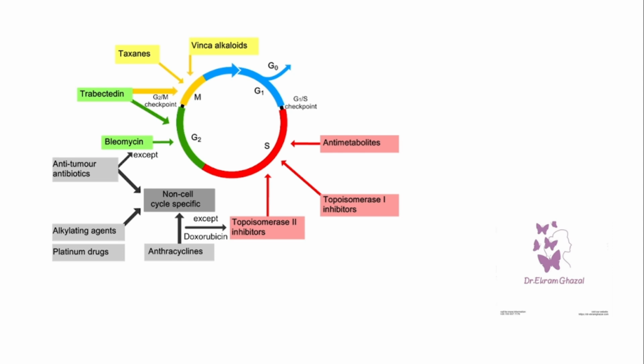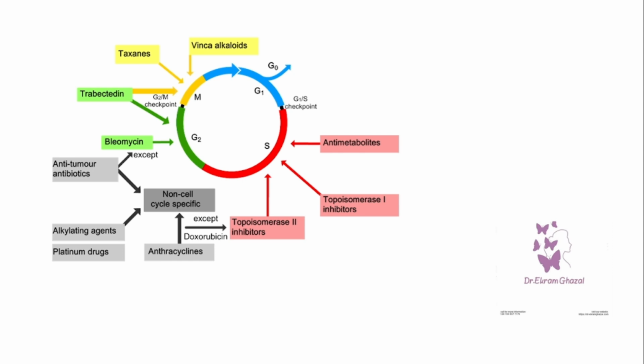Anyway, we will first memorize the non-cell cycle specific drugs. The most important are the alkylating agents, which contain the platinum drugs. The idea is that they cross-link the DNA, which paralyzes it so it cannot replicate. Also, there are anti-tumor antibiotics in the non-specific group, but memorize that bleomycin is an exception.